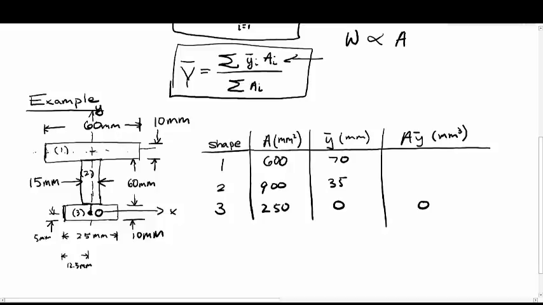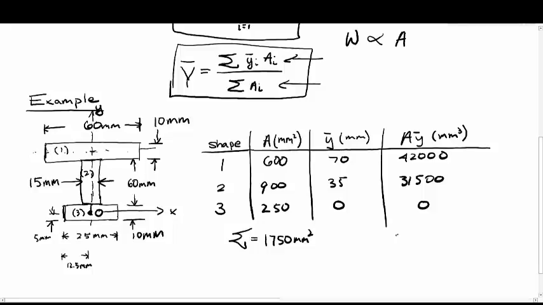So let's figure out 600 times 70 is going to be 42,000, and 900 times 35 is 31,500. And we're also going to need to know the summation of the area, which is 1,750 millimeters squared.